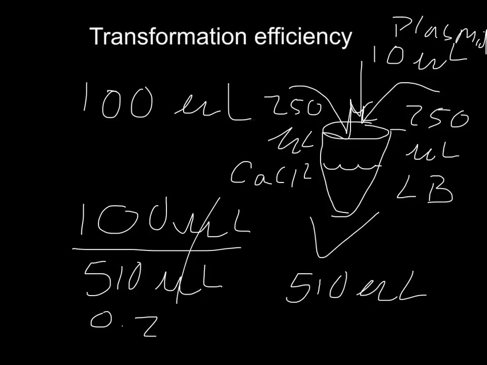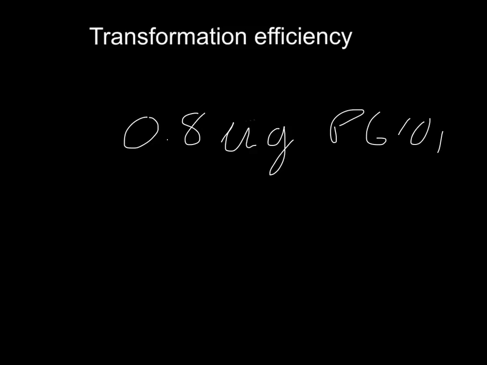So you're going to multiply the total amount of your pGLO DNA. We knew the mass from before, which was 0.8. Remember, this was the first step that I said for you to remember. That is your mass of pGLO DNA.